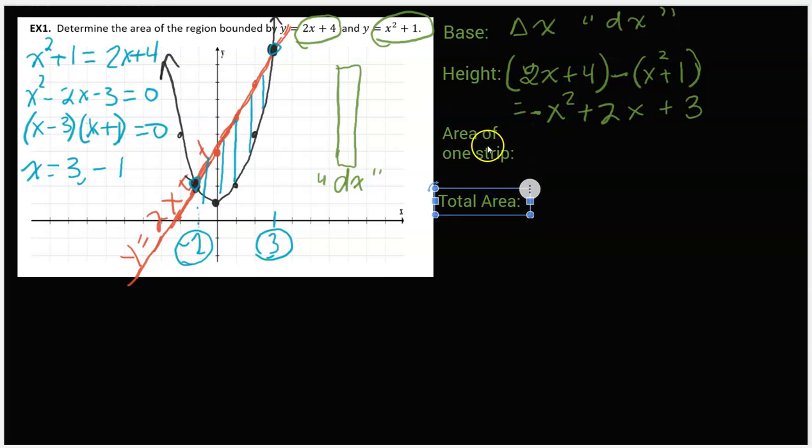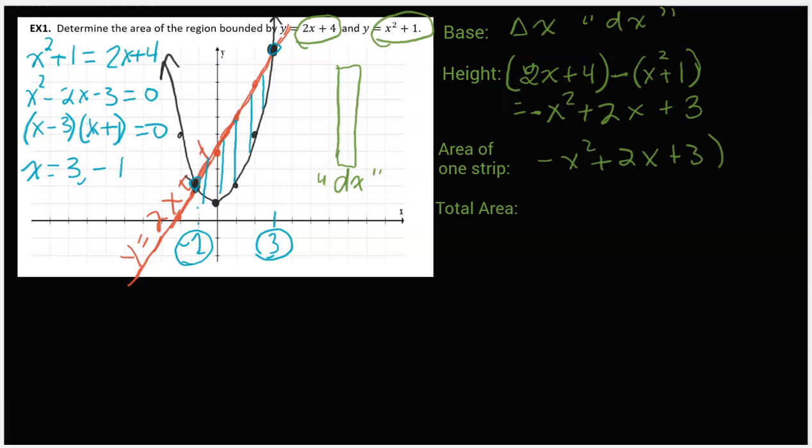So let's go ahead and find the area of one of those strips. The area of one of those strips would be base times height, in this case negative x squared plus 2x plus 3 multiplied by delta x, right?